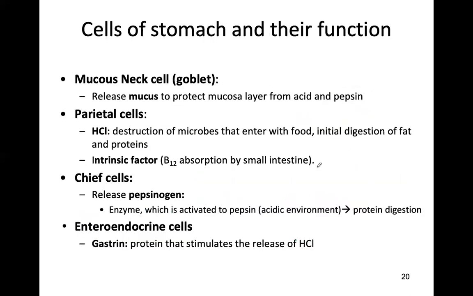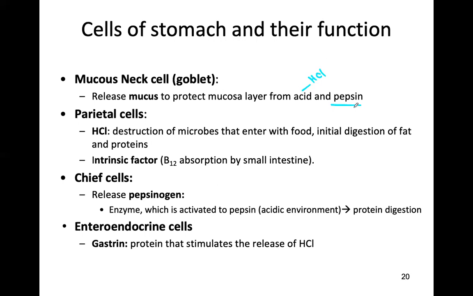Now, what are the cells that are found inside our stomach? There are quite a few categories actually. I've listed them here, and it does get complicated, so let's go ahead and start, and we'll try to keep it simple. Remember, the stomach is acidic because of the presence of HCl, and you also have an enzyme chemically digesting your proteins. Both of these can cause damage to the stomach itself.